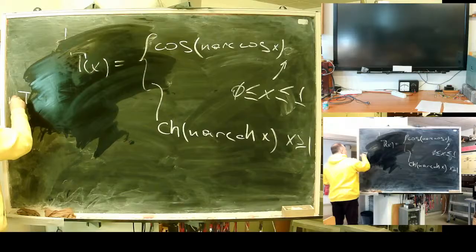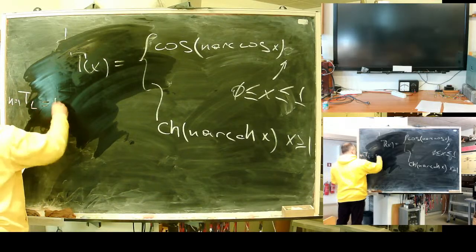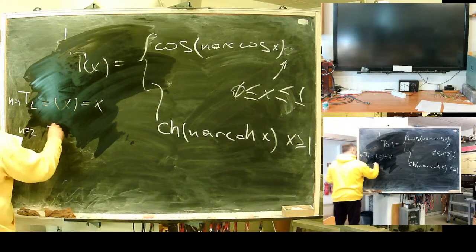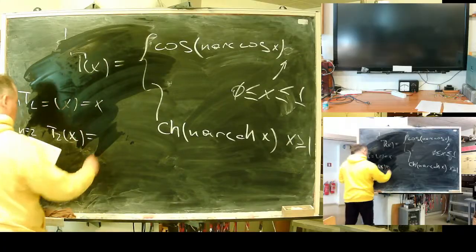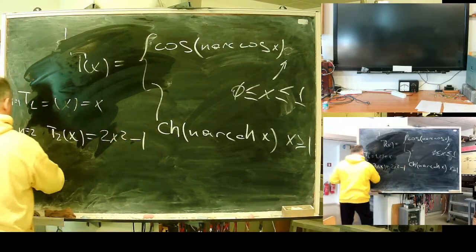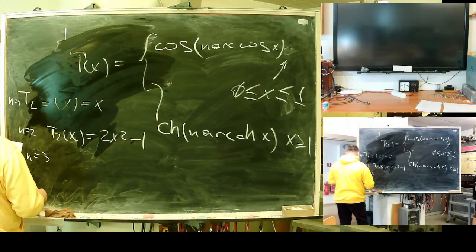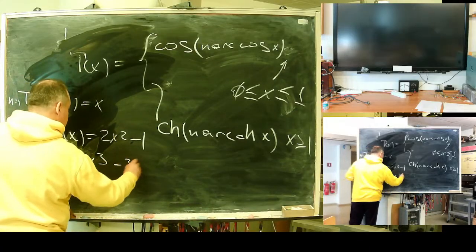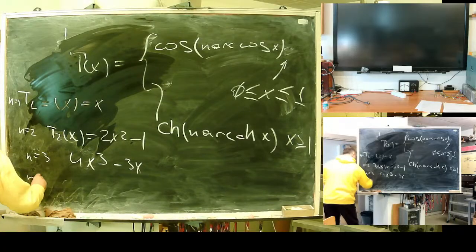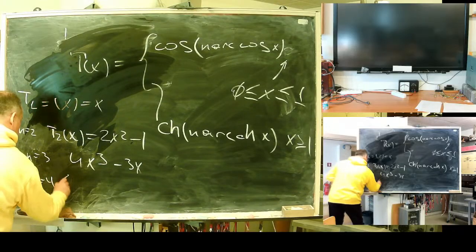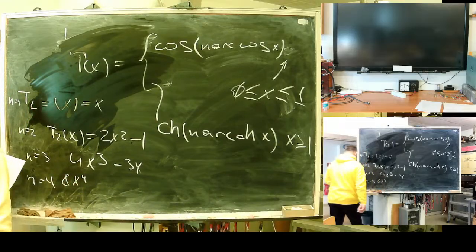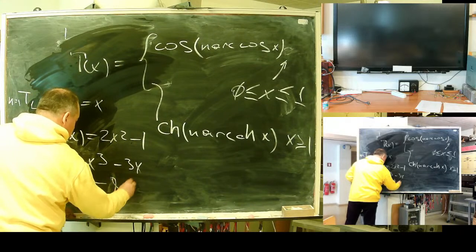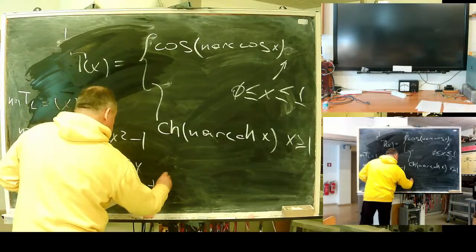For n equal 1, T1 will be x itself, second order equals 2x squared minus 1, 4x cubed minus 3x, and for number 4, 8x to the power 4 minus 8x squared plus 1.